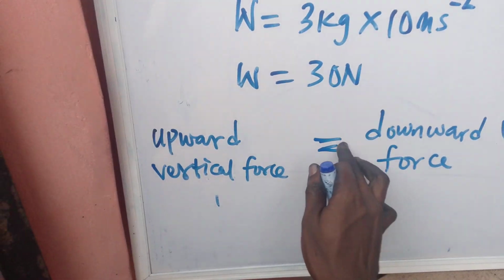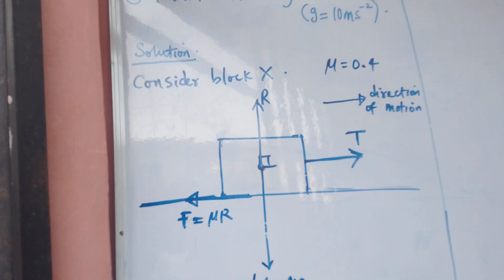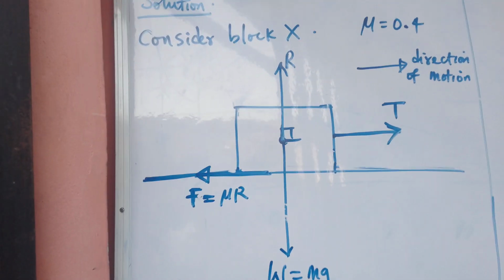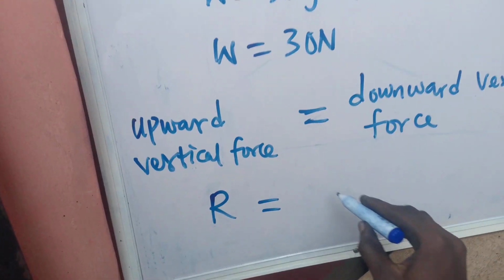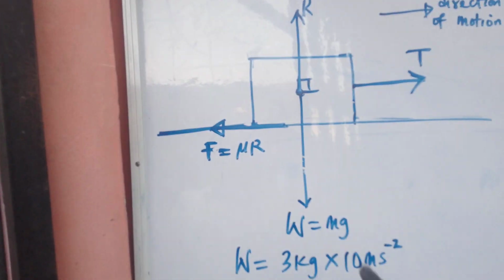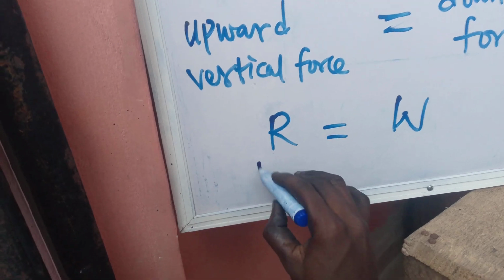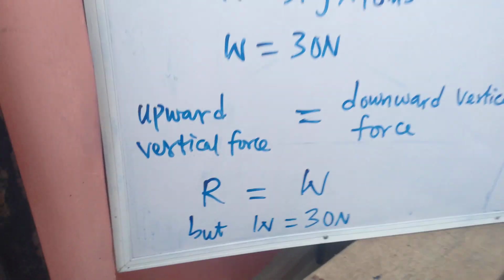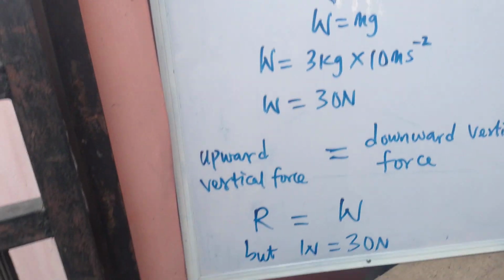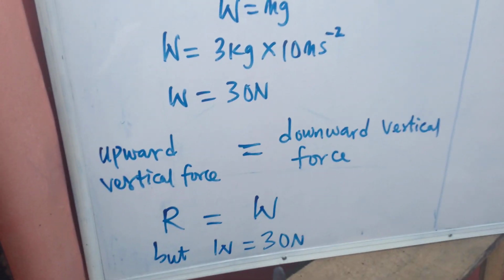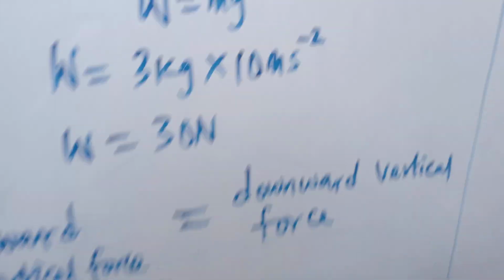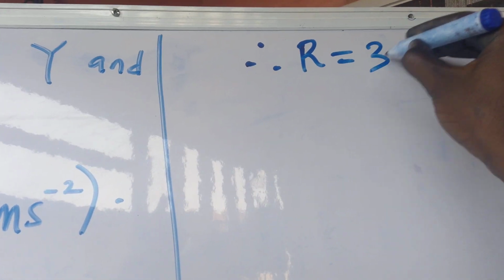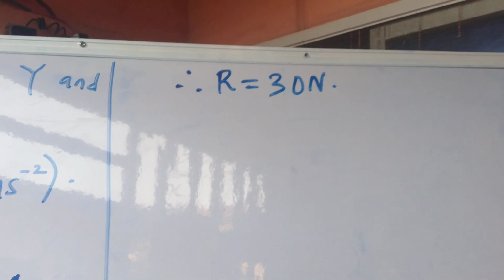The upward vertical force here is the normal reaction R. The downward vertical force is the weight of the block, which is 30 Newton. It then implies that R will be 30 Newton as well. That means the normal reaction will also be 30 Newton. Therefore R is 30 Newton. Okay, we have solved the first question.